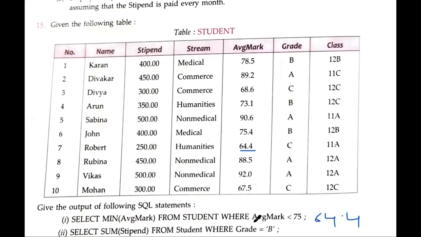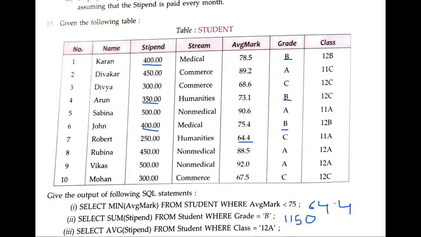Okay, answer is C. Wherever the grade is B, so this is the grade, this is the grade, and this is the grade. For that, you need to add the stipend part. 400 plus 350 and plus 400. It is 1150. This is the answer. Just add this, you will get 1150 as an answer.